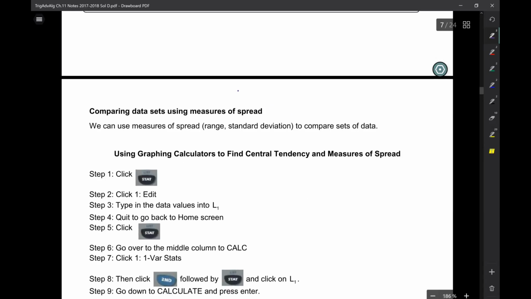Now, we're going to use what we learned last time to compare data sets, right? If you remember on the handout that you had to do for today, one of the questions was comparing a wall AC unit to a central AC unit, and basically you had the monthly cost for the central and the window unit.